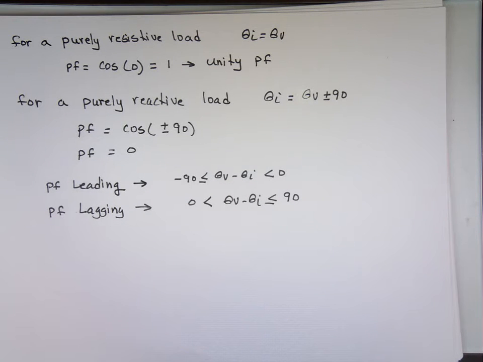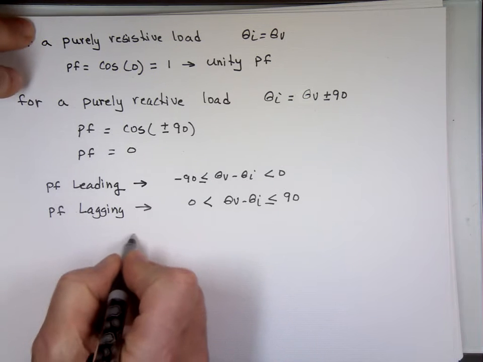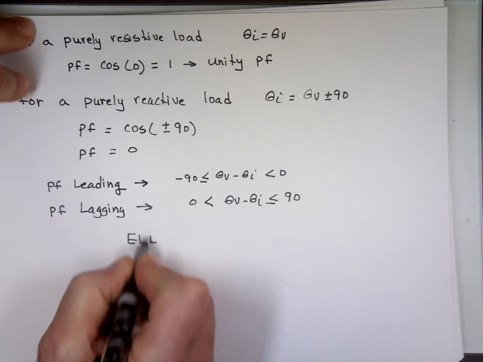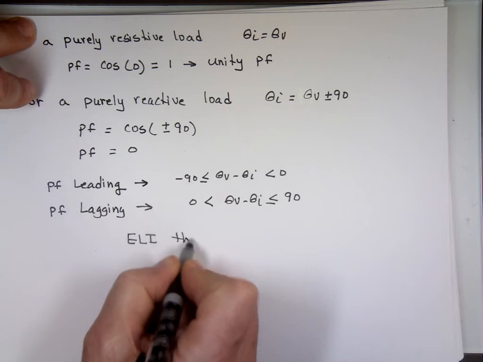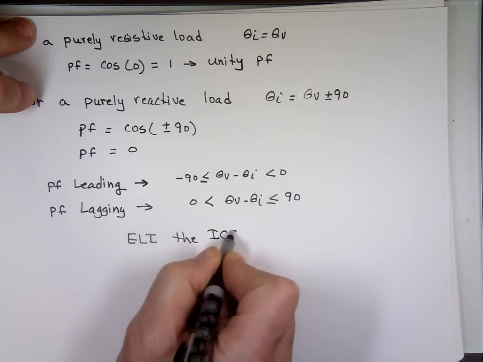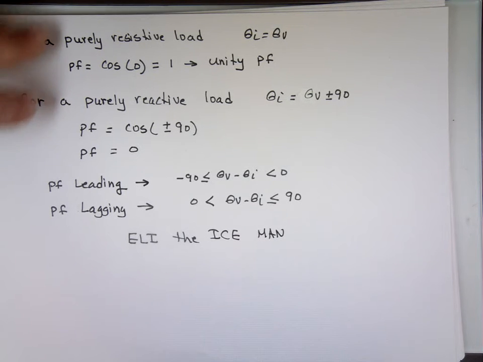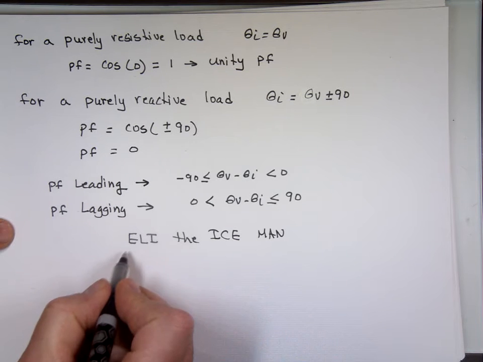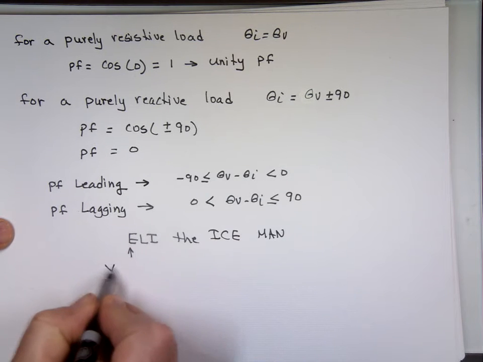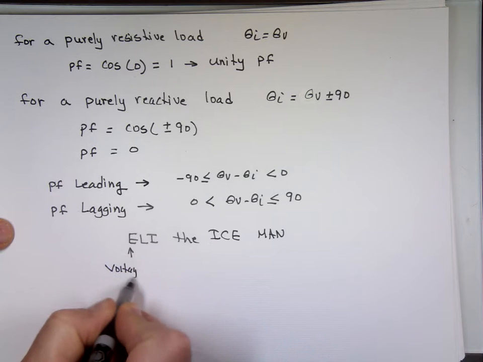And if you know it's lagging or leading, you know if you have a load that is an inductor or a capacitor. We use something called ELI the ICEman. We use E for voltage instead of V. So E is the voltage, I is the current.